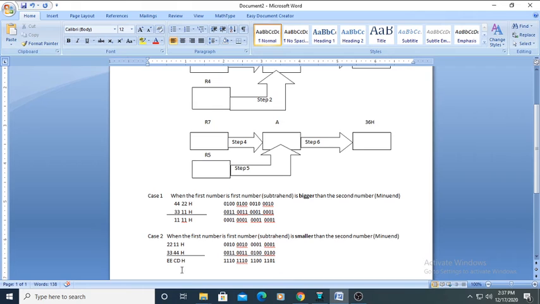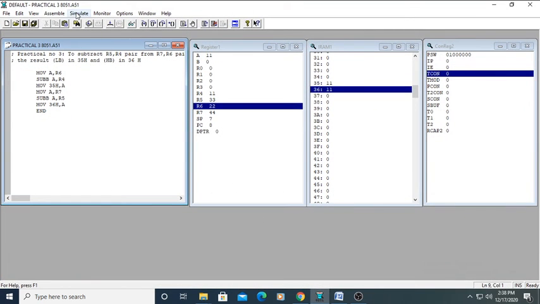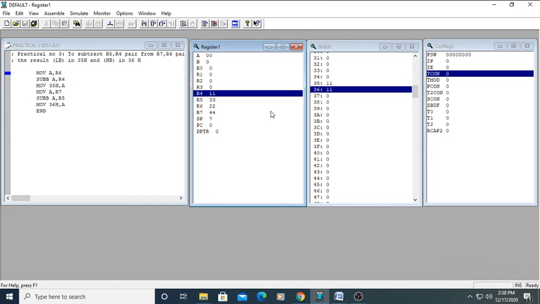Now second case, 22 11, we are going to subtract 33 44, this number, from 22 11. So let's now restart, but let's change first.